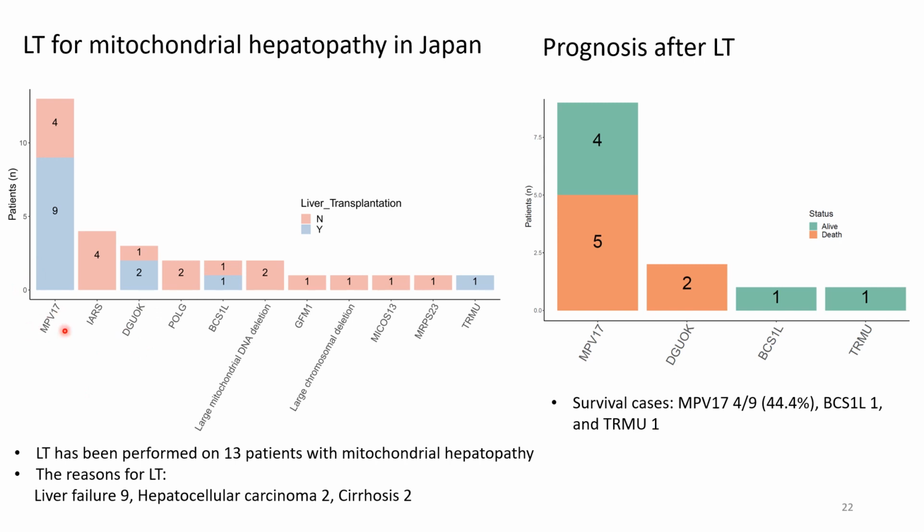The reasons for liver transplantation are liver failure for 9 cases, hepatocellular carcinoma for 2 cases, and cirrhosis for 2 cases. The right chart shows the prognosis after liver transplantation. Green represents survival cases. 4 out of 9 MPV17 patients survived.